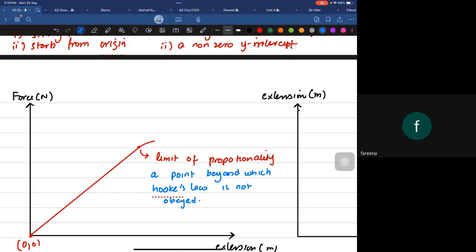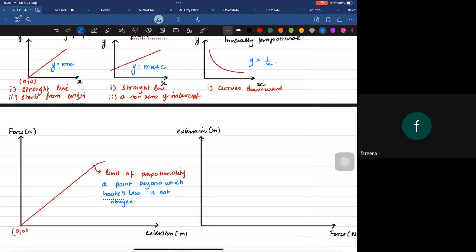The other thing is that you might notice that the line curves towards the x, wherever the extension is, that's where it is going to curve. Now, the mistake most people make is they bring it down. It doesn't come down, it doesn't go up, it just slightly bends. Is it clear, everyone?